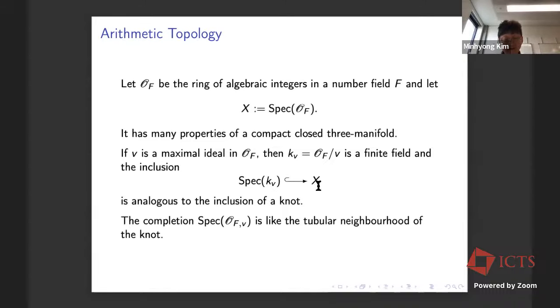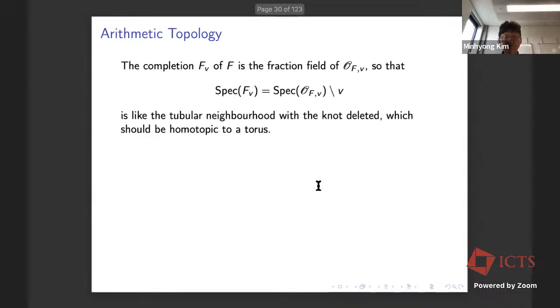And then Spec of the completion of the field is obtained from that previous tubular neighborhood by just deleting the closed point at the center, which is supposed to be like the knot being deleted from the center of the solid torus. So then there should be a usual torus, or two-manifold, because that's homotopic to a two-dimensional torus.